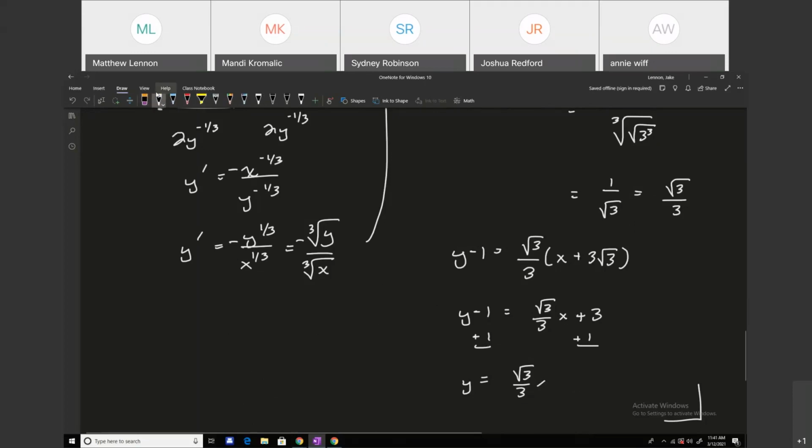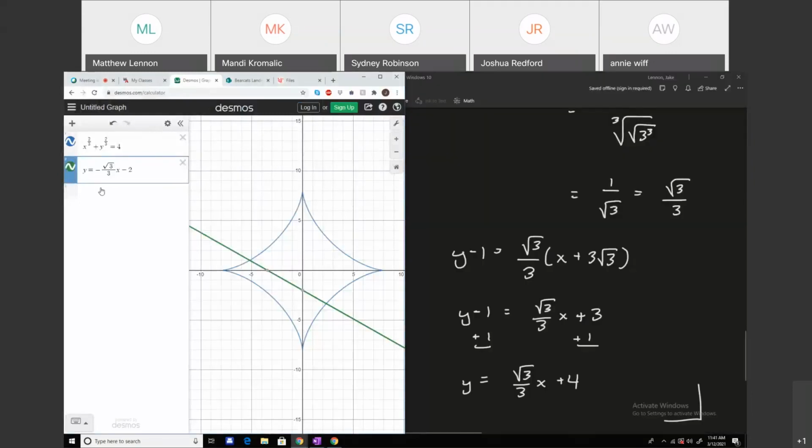Let's look at the graph and make sure that that makes sense. But I suspect that's it, just dropping a negative. So it can happen to anyone. You see now we're tangent right at that point that we saw in the graph.